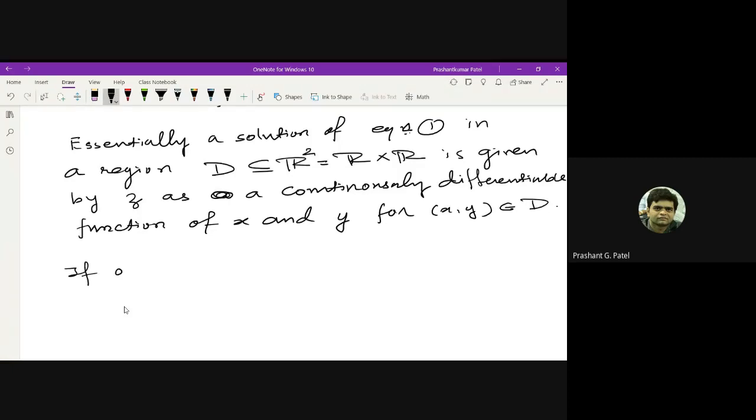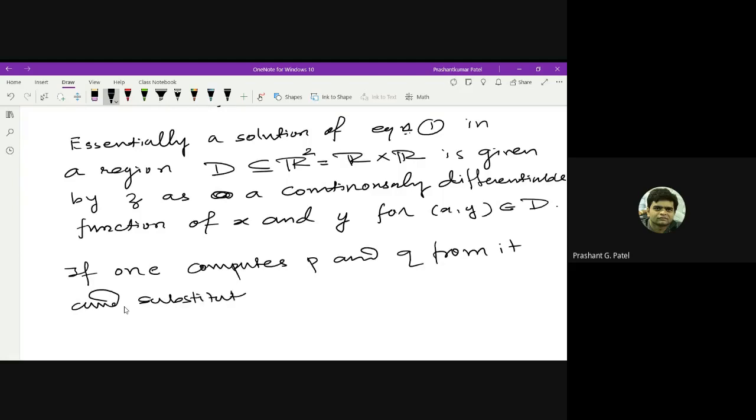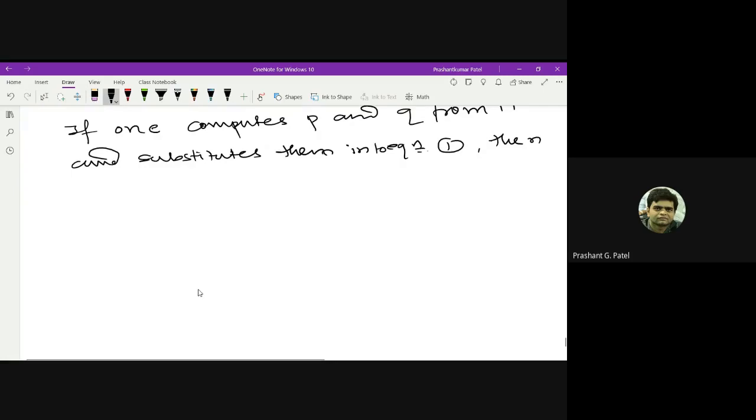If one computes p and q from it and substitutes them into equation 1, then the equation reduces to an identity in terms of x and y.